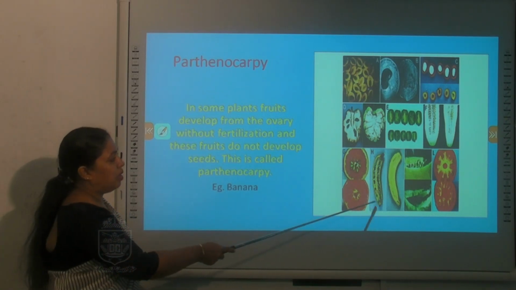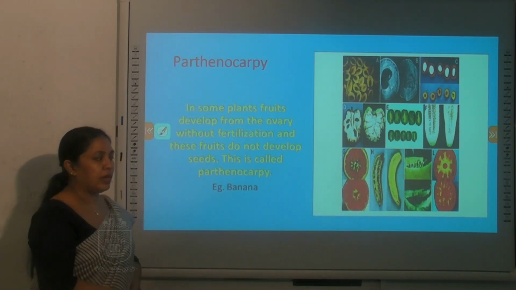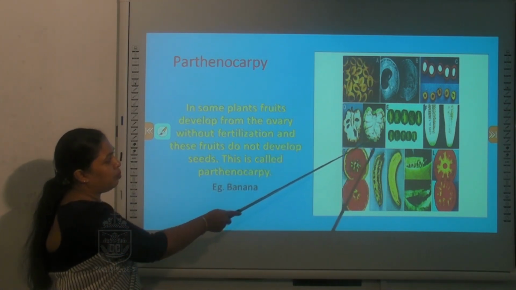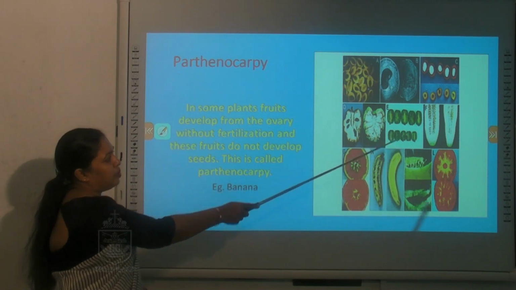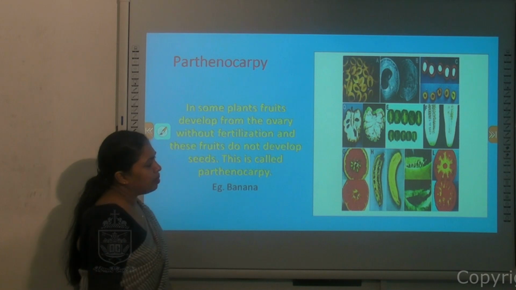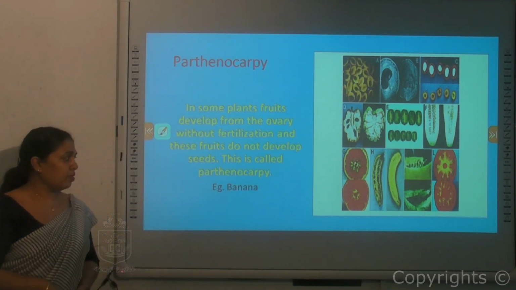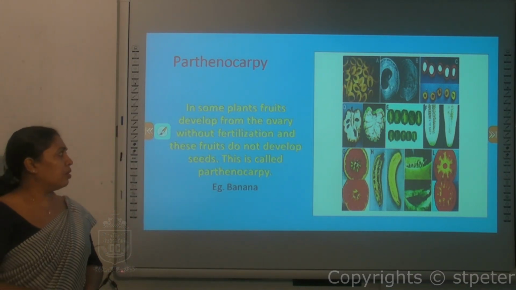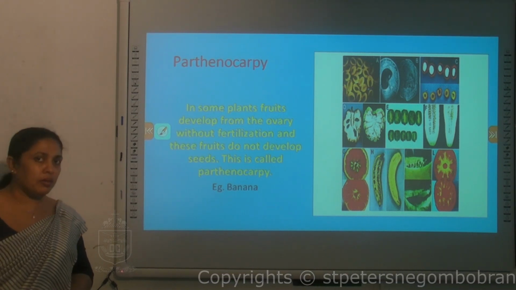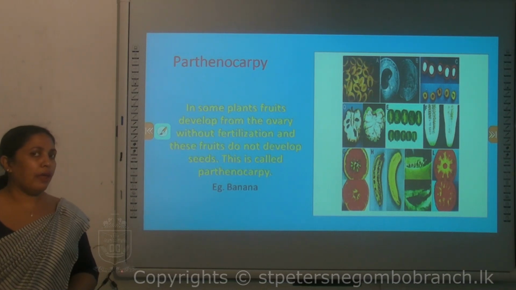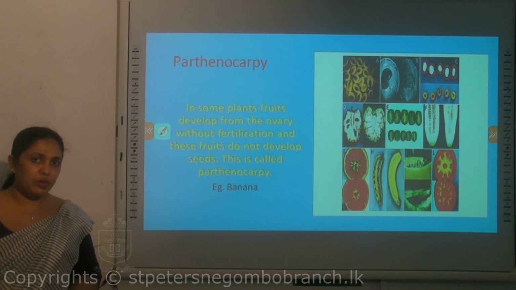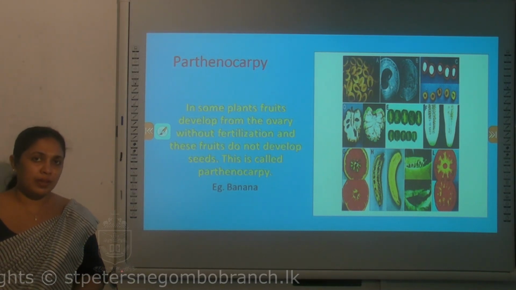And this is banana with seeds, and these are not edible actually. Grapes are also the same here, tomato also the same, without seeds and with seeds. This is Parthenocarpy. It means without fertilization the fruits are developed, but no seeds are developed here, and this is chemically or artificially induced by using plant growth substances.